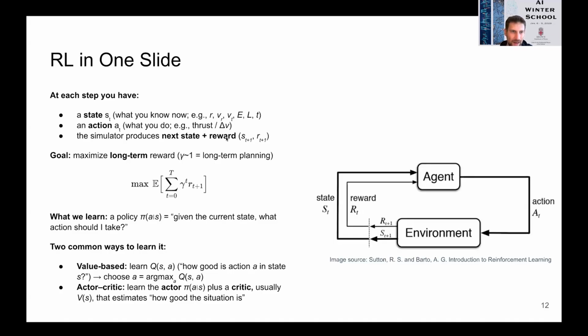That's pretty straightforward. And then it's also going to return a reward, which is a measure of how good this state is, how good the situation is. So that's the R here.